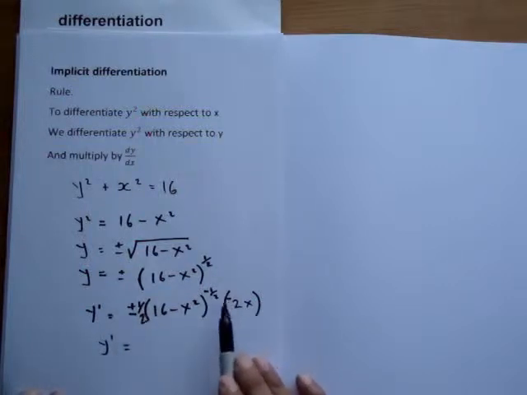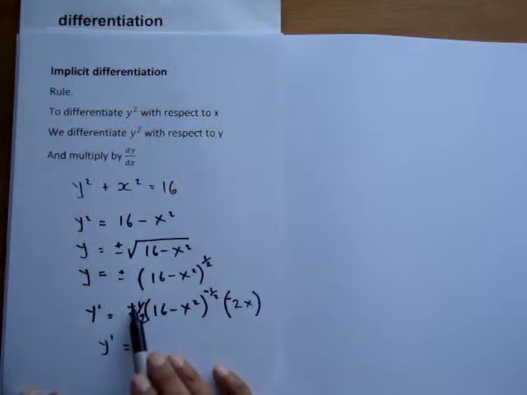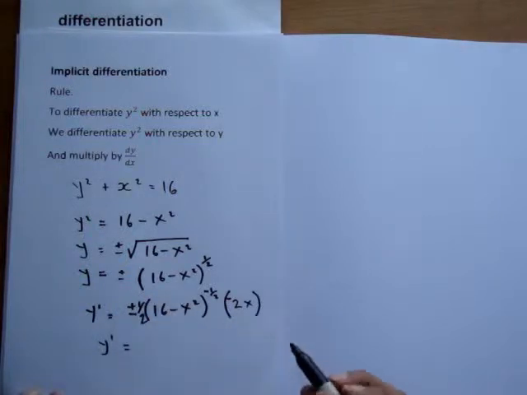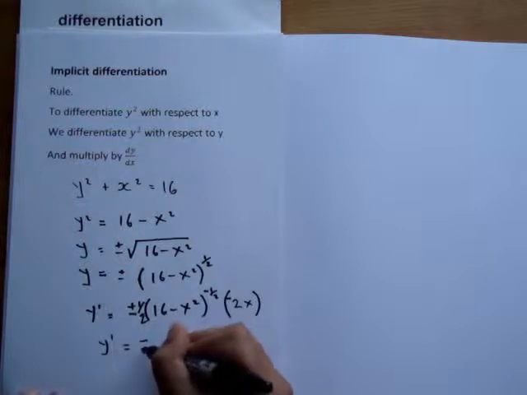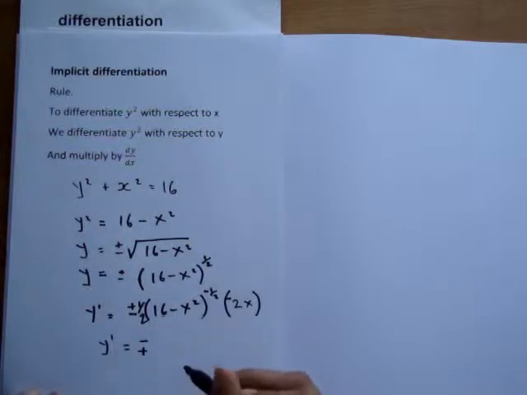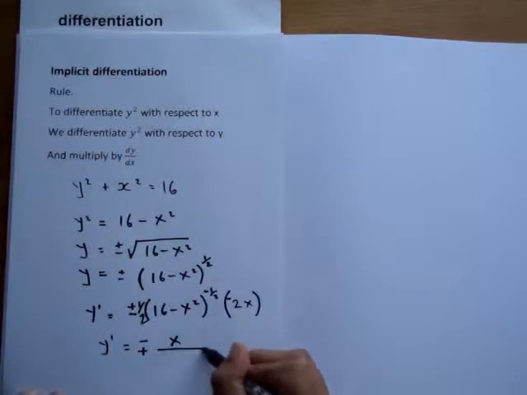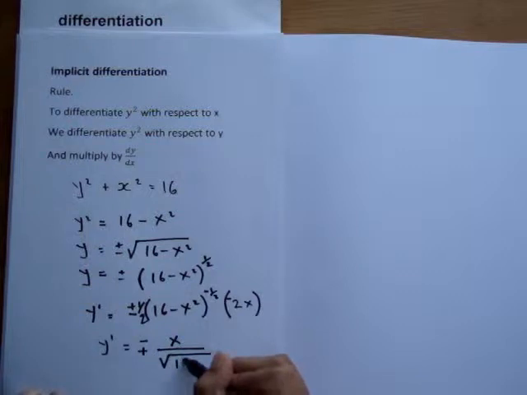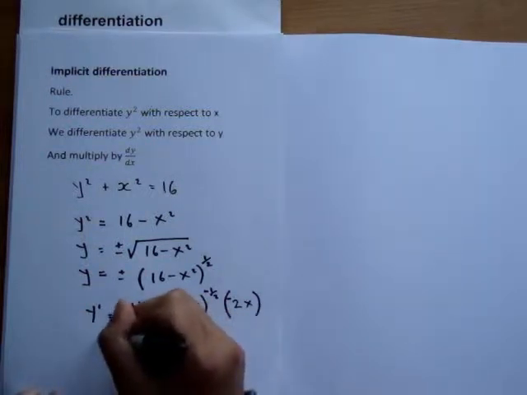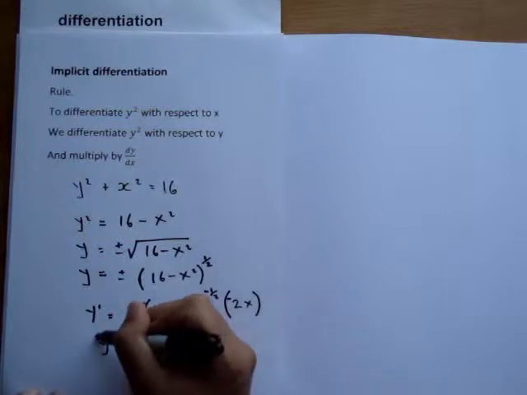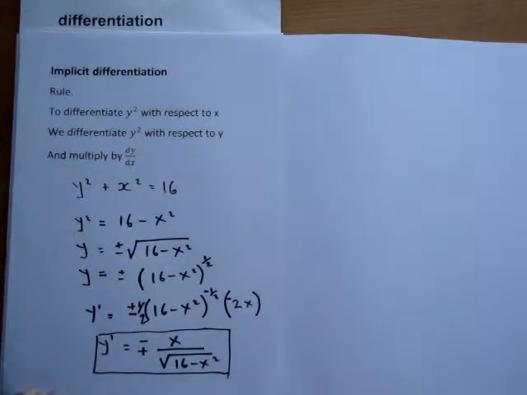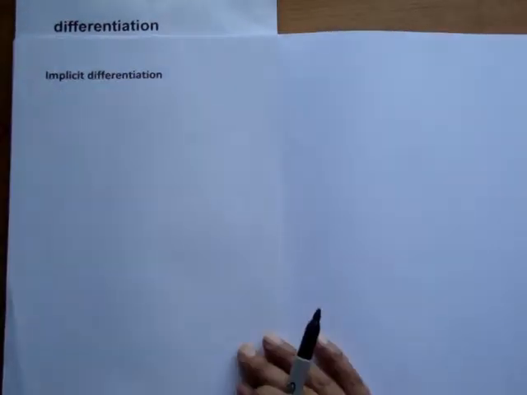And then the minus sign, when we multiply by the plus or minus, inverts that sign, so that becomes minus plus x over square root of 16 minus x squared. And that is your answer.